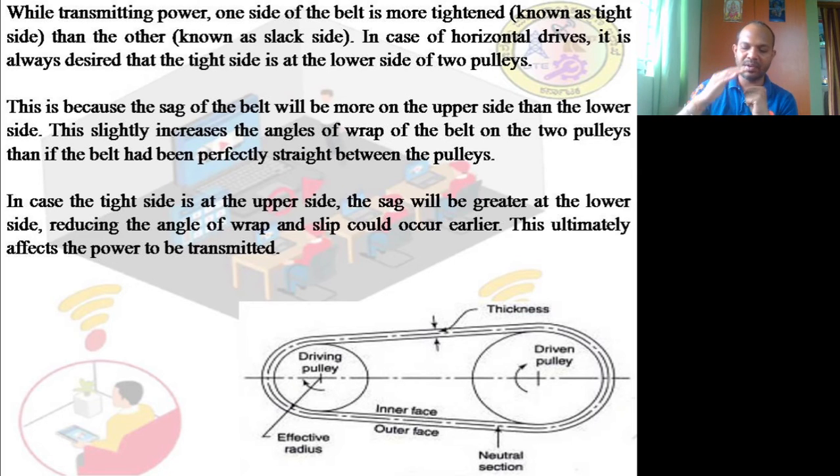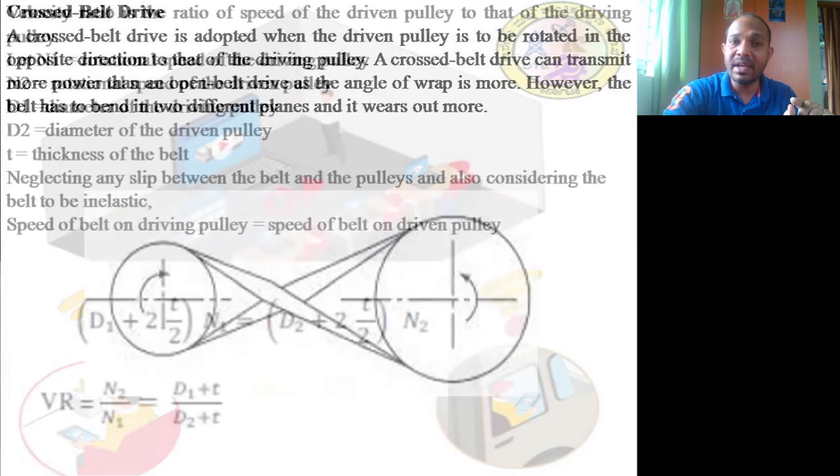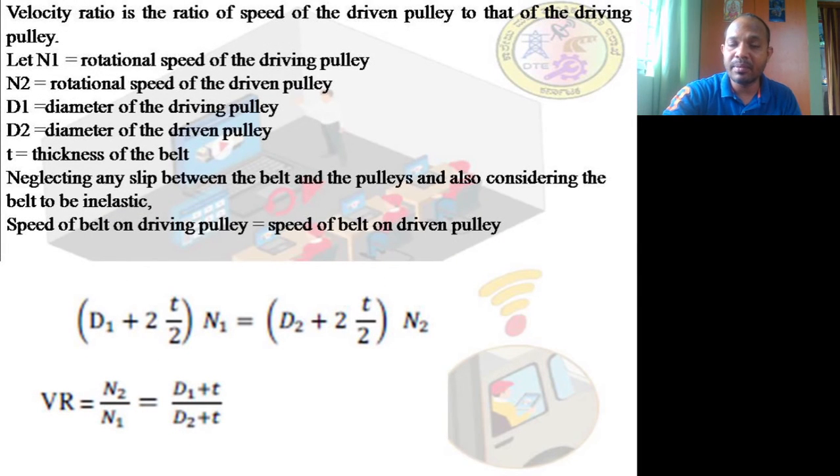If you have a circular one, it is something like this. Now the T by 2 and the T by 2, so it comes to be T, that is the thickness of the belt which is in touch. T by 2 at the top and T by 2 at the bottom. So T by 2 plus T by 2, that 2 will also get cancelled.